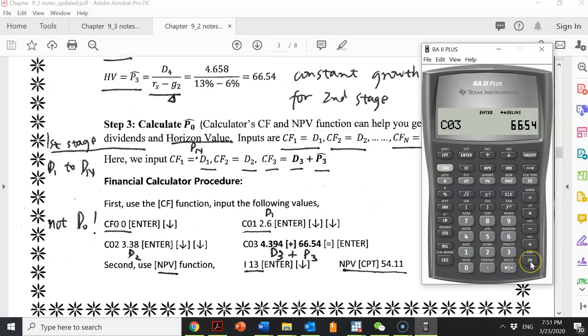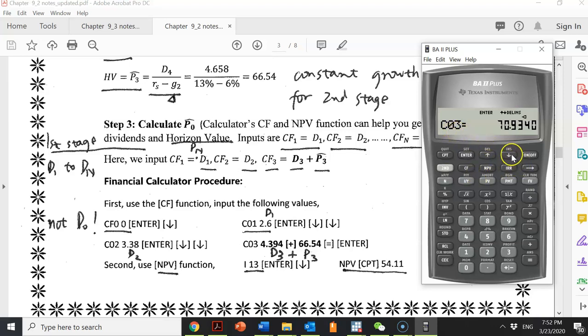I first use the equal sign, so this equation is calculated arithmetically, and then I press enter. So I can input cash flow 3 as 70.934. You can see a triangle showing up here, meaning cash flow 3 is input properly.